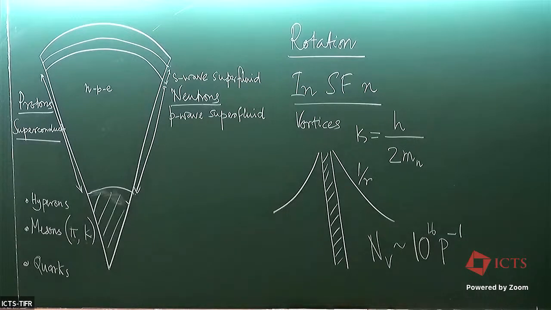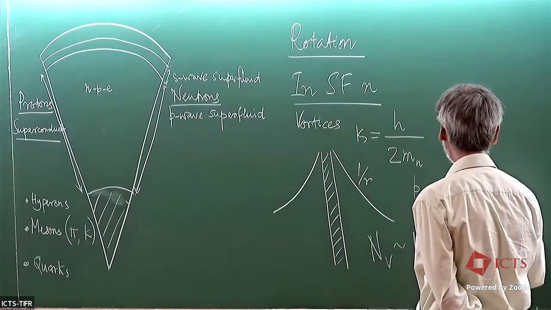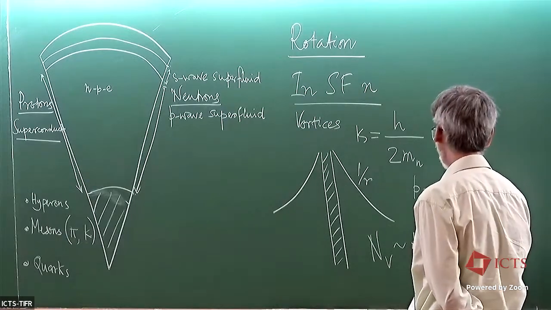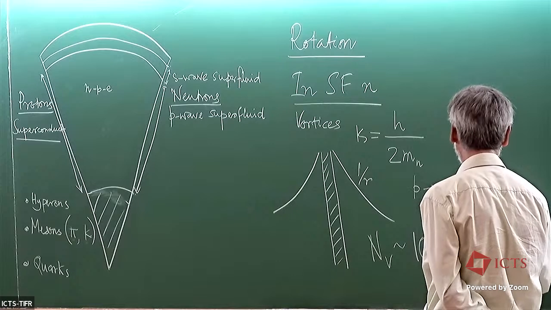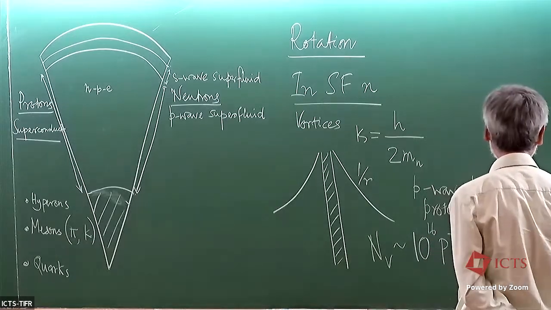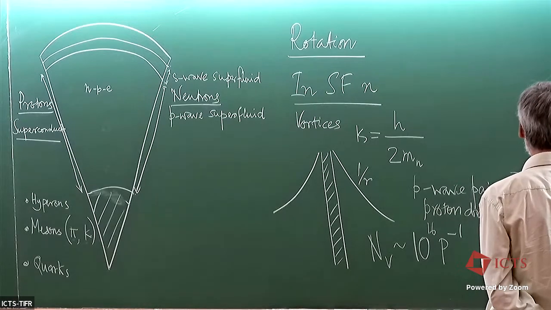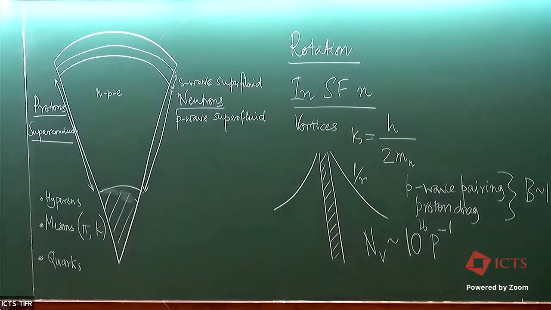And now that these vortices have an extremely strong magnetic field, this is due to P-wave pairing and proton drag. Together gives you magnetic field of the order of 10 to the power of 15 Gauss around the vortex.